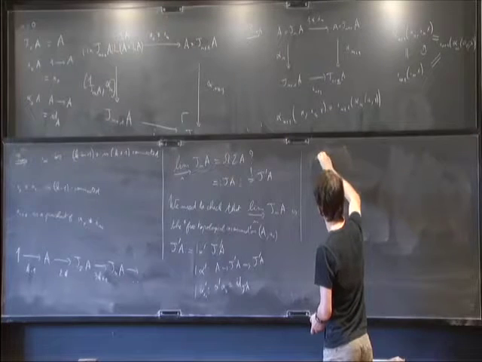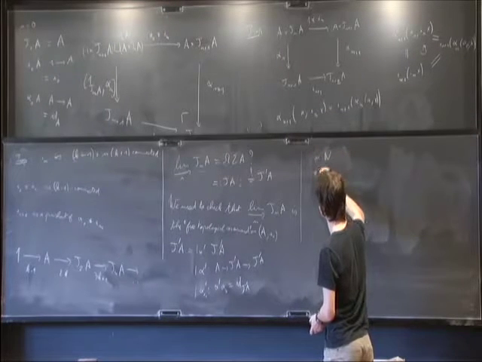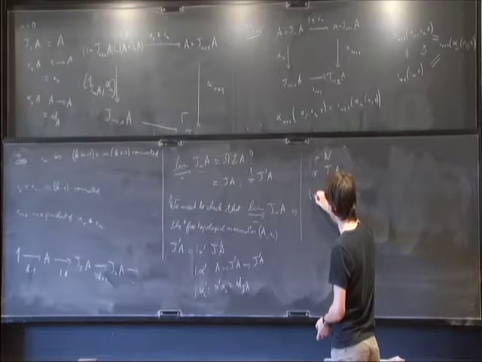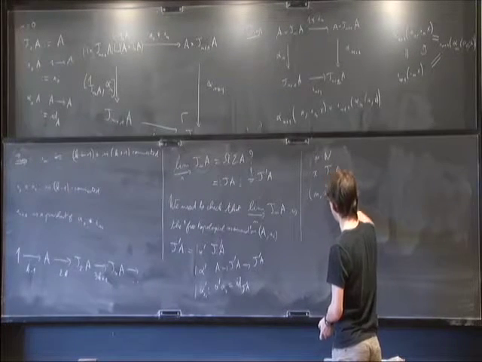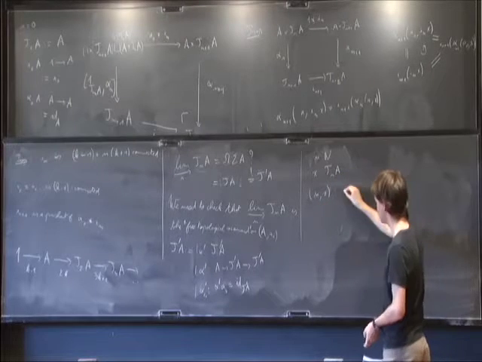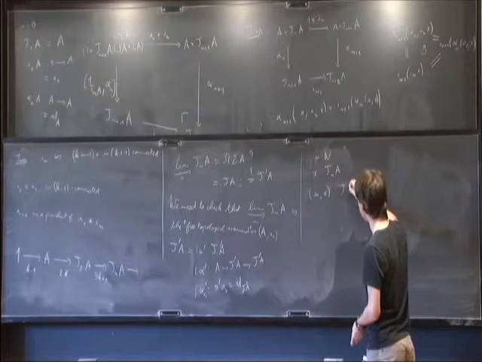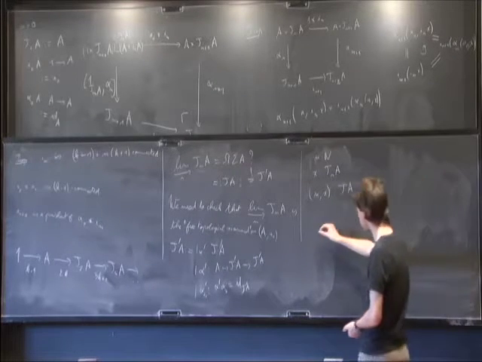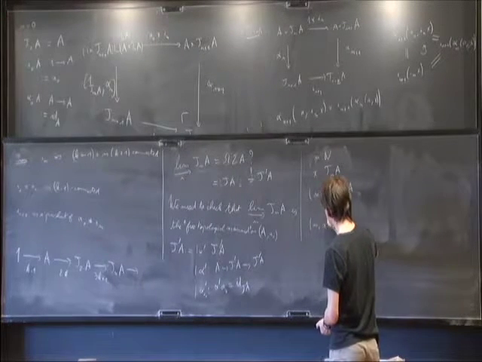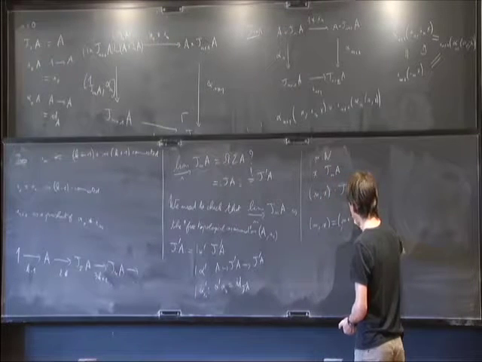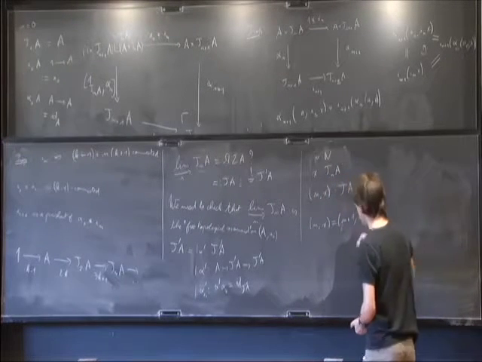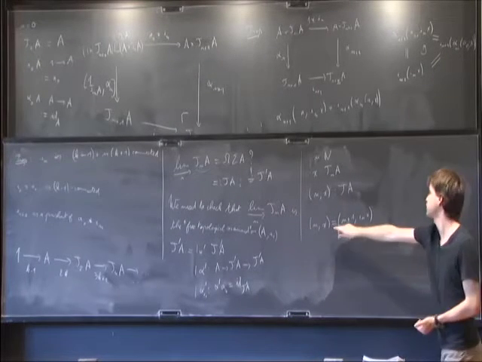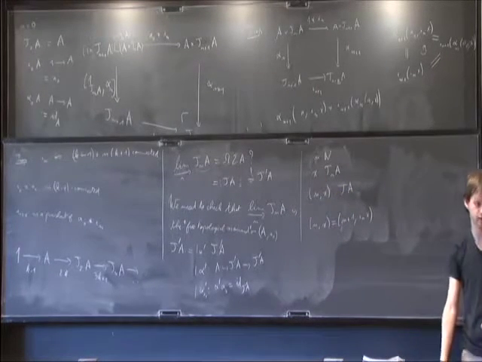The colimit says if you have n in the natural numbers and x in Jn of A, then you have something called in x in the colimit, and moreover in x is equal to i n plus 1 of x, because this is the map from Jn to Jn plus 1.